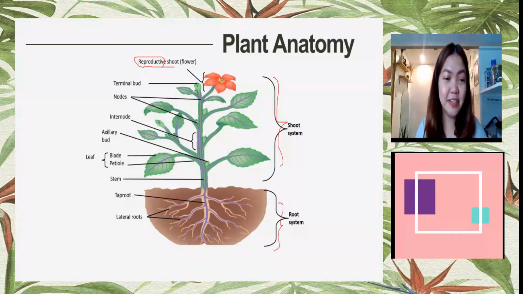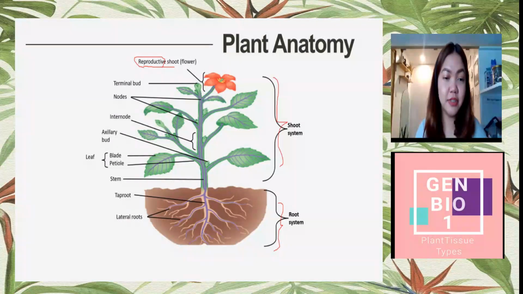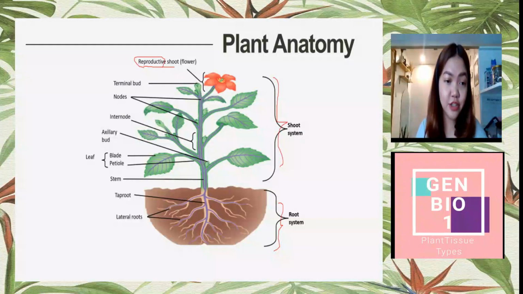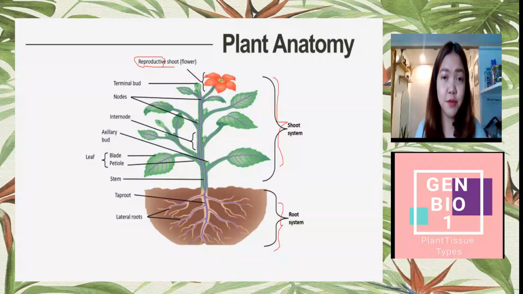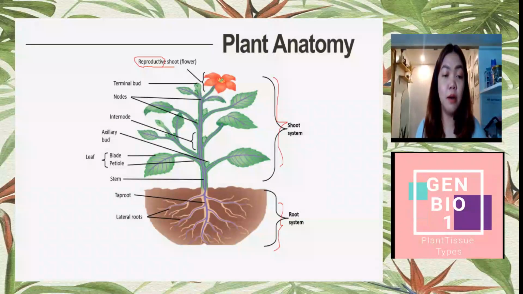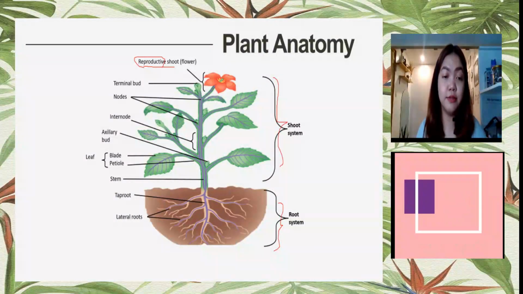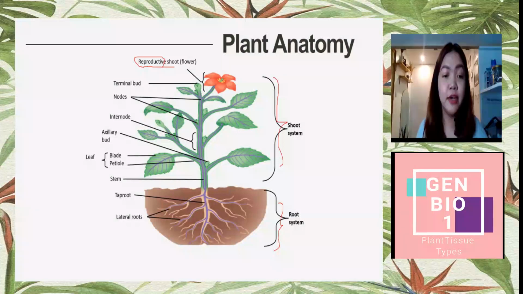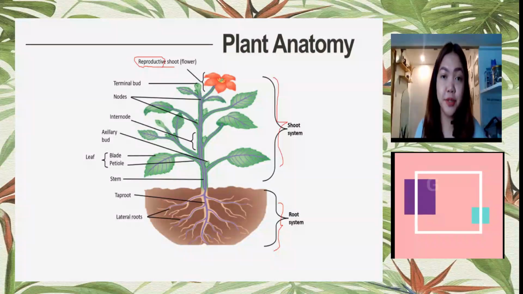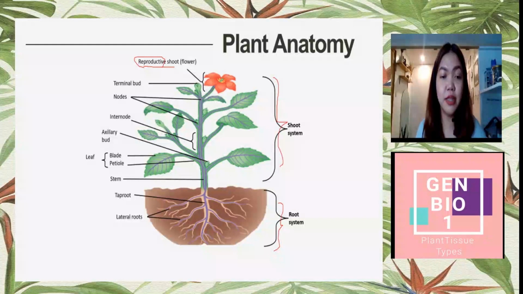So for the root system naman, we have your taproot, which is the main root, and the lateral roots, which are the extension of your taproot. So basically, the function of your root is, of course, to absorb water from the soil as well as minerals present in the soil. Pero the common misconception here is that we often tend to describe your root as a structure that is found under the ground or below the ground.